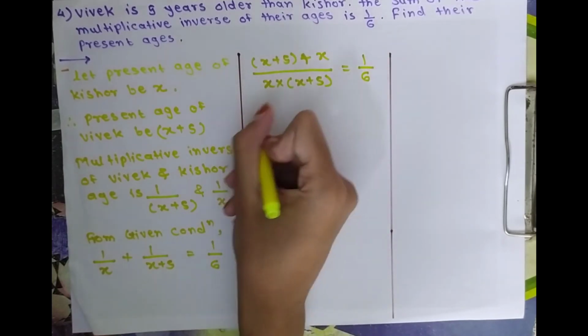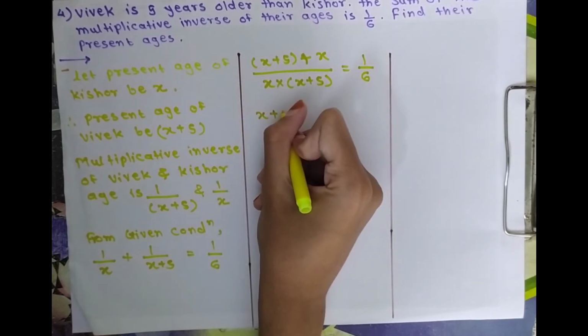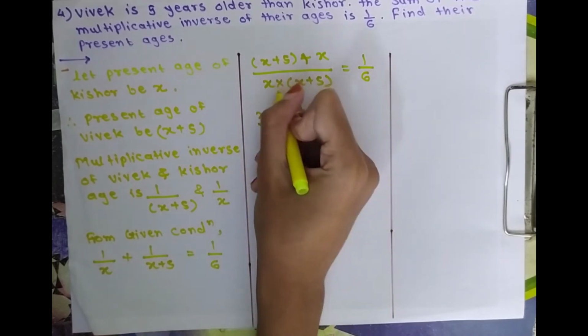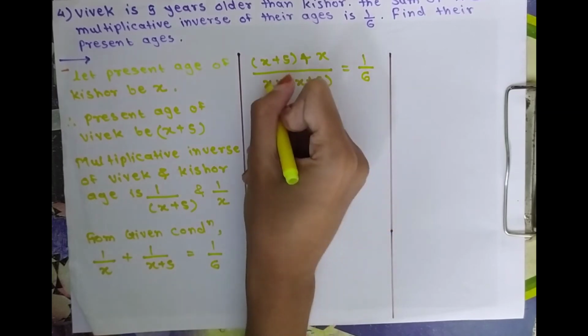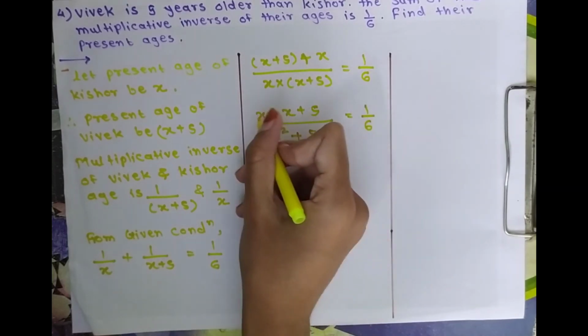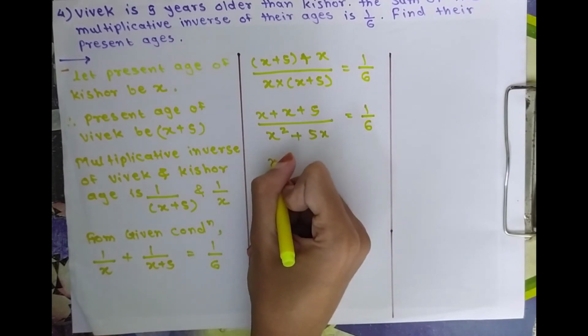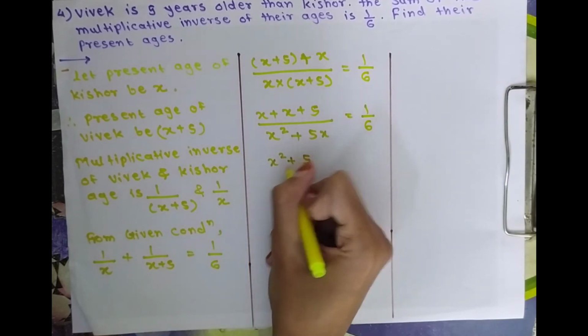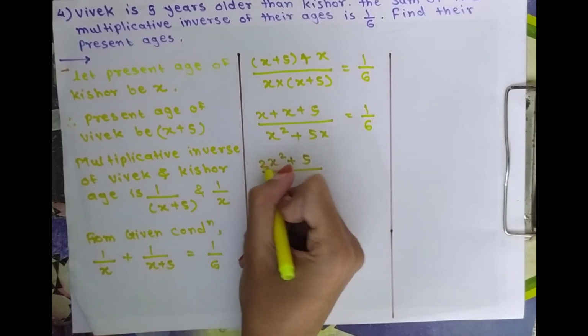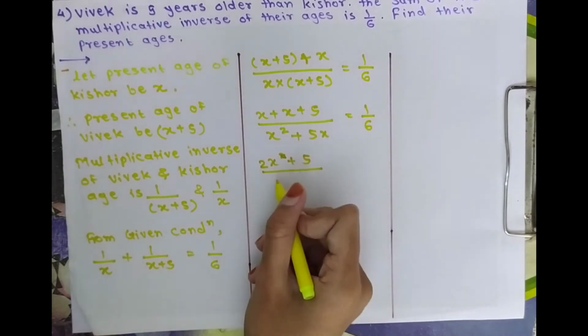Now x plus 5 upon this x into x is x square plus x into 5 is 5x, is equal to 1 upon 6. So x plus x is 2x, not x square.